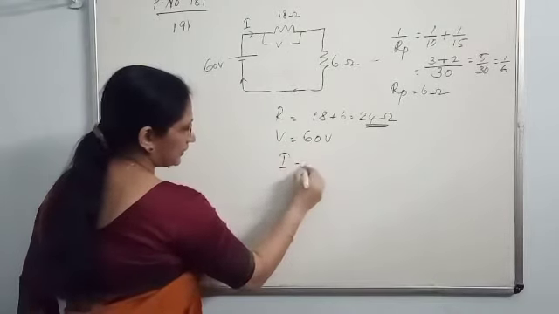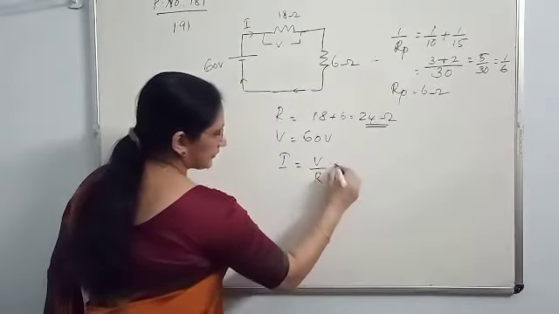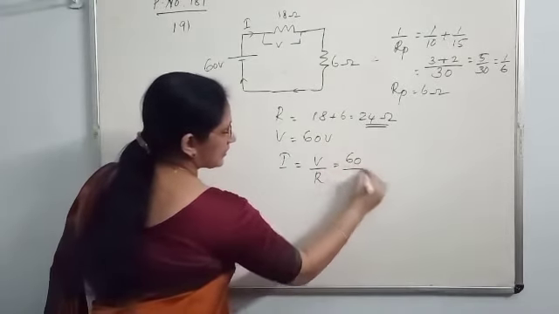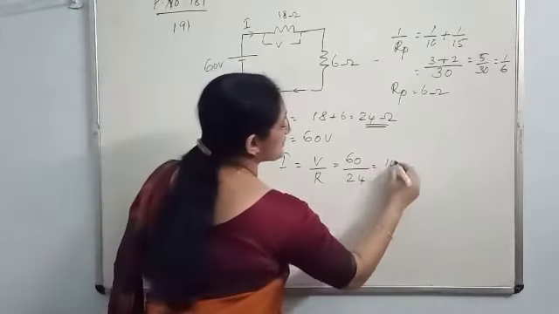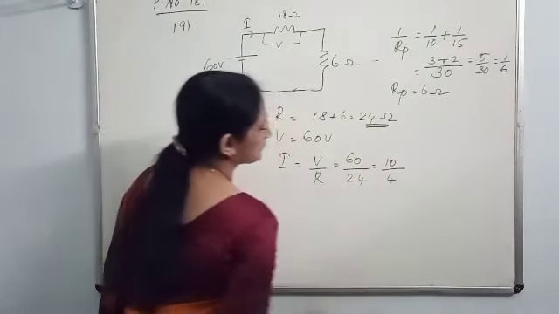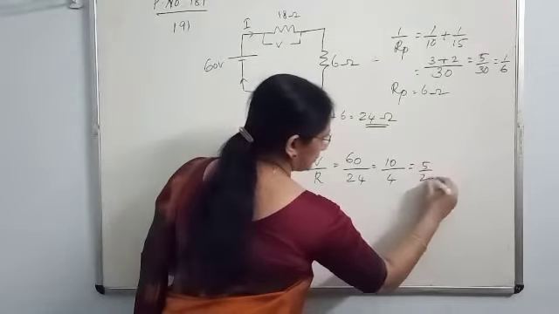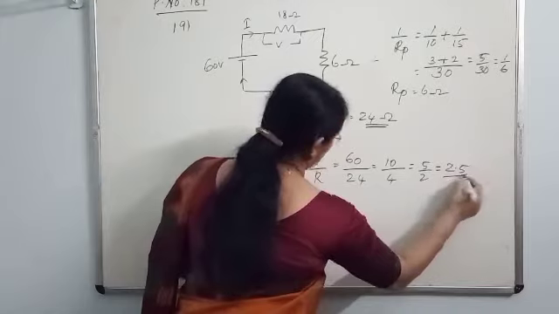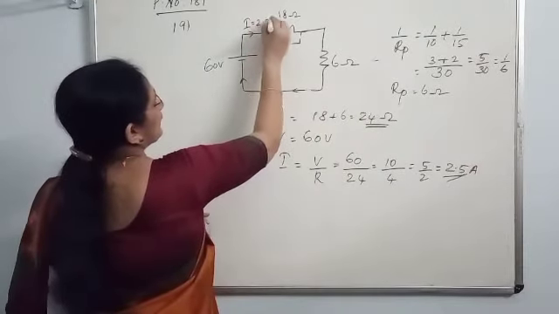So you will get I is equal to V by R. V is 60, R is 24. Means 10 by 4. 5 by 2, that is 2.5 ampere. The current here is 2.5 ampere.